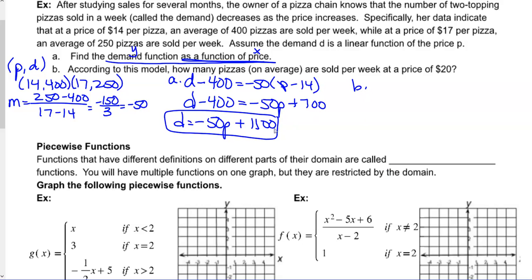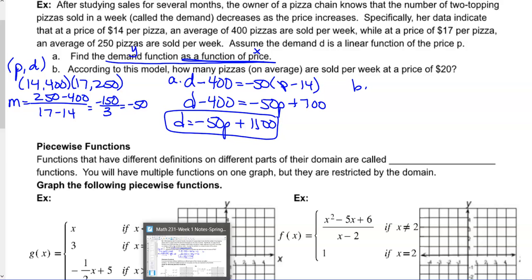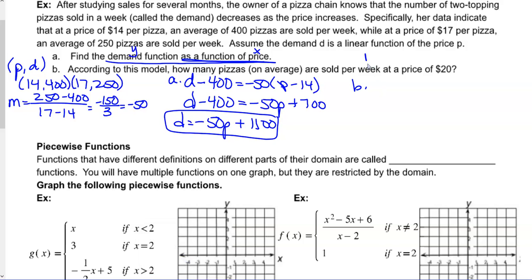Part B then asks, according to this model, how many pizzas on average are sold per week at a price of $20. So I need to know the demand, given that the price is equal to 20. If I already have a function for that, I can take that 20 and put it right in for P and figure out what D is.